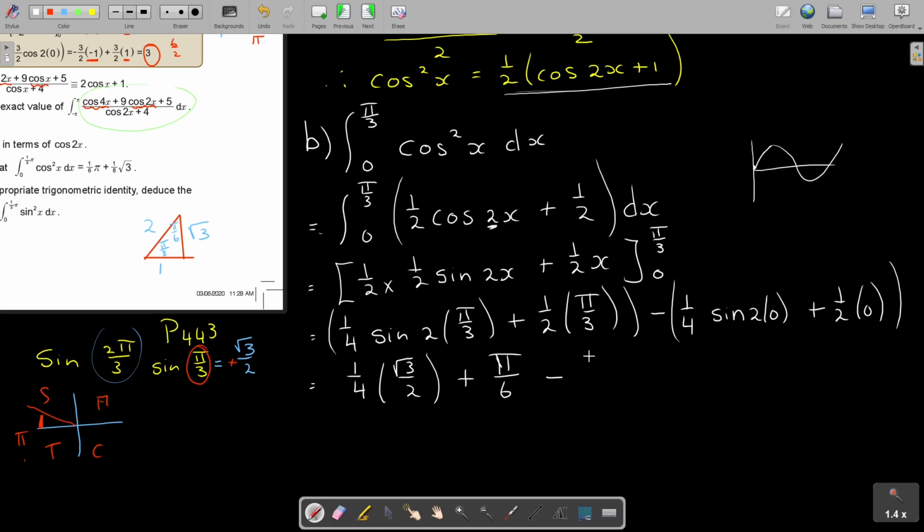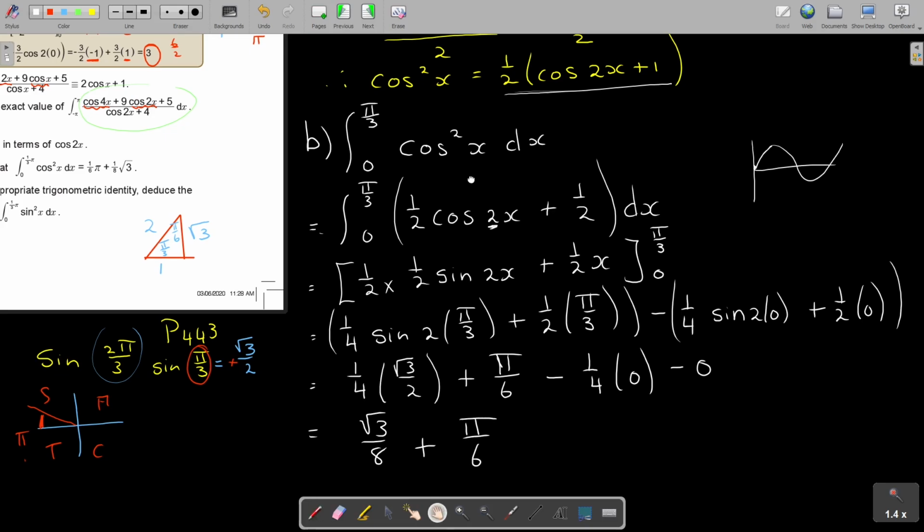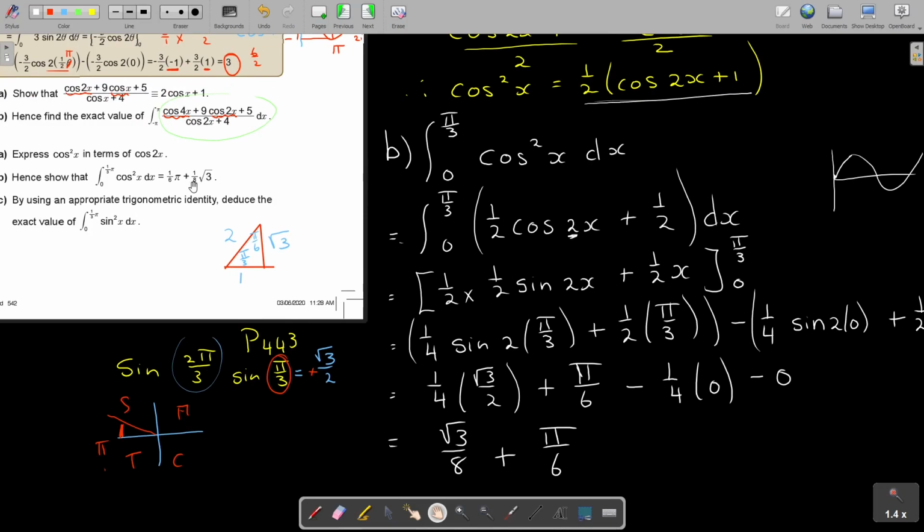So it's minus a quarter, and sin 0 is 0. And this is also becoming 0 because it's multiplying. Okay. So my final answer is square root 3 over 8 plus pi over 6. And that's what they said I must get.